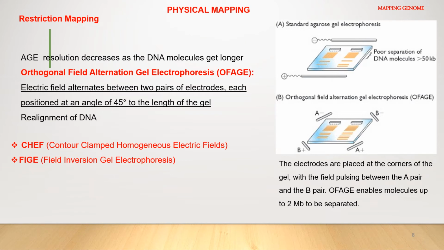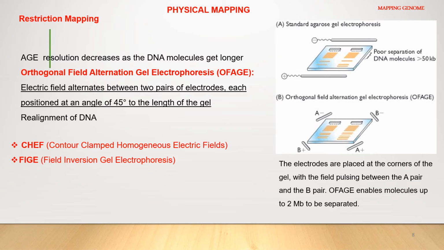It should be known that conventional agarose gel electrophoresis can only be used for the separation of smaller DNA fragments. For fragments as large as 50 kb, the separation would not be proper because the migration rate is not linear, and hence the resolution decreases, as shown in the adjacent figure.